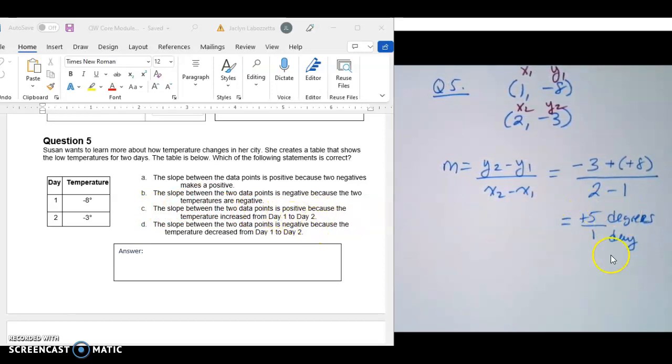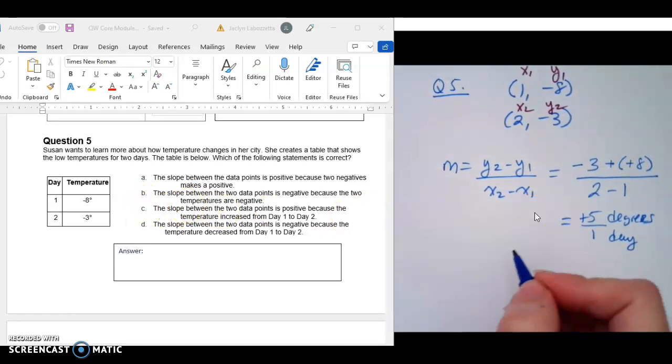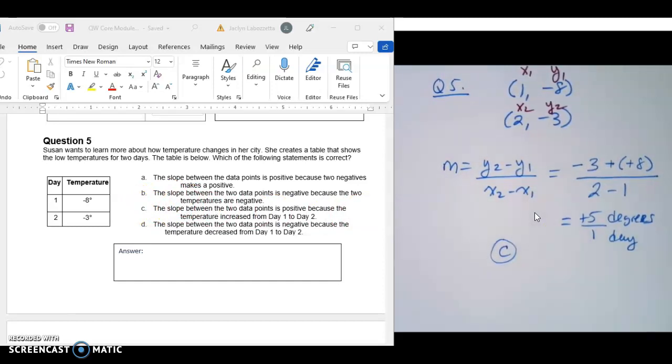So if we're thinking about an interpretation of this slope, the temperature would rise, go up 5 degrees for that 1 day. So choice C is the best choice. So there again, making the calculation using the formula and also interpreting by using the units really can help you understand the question.